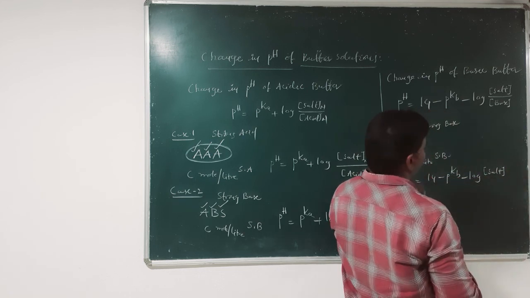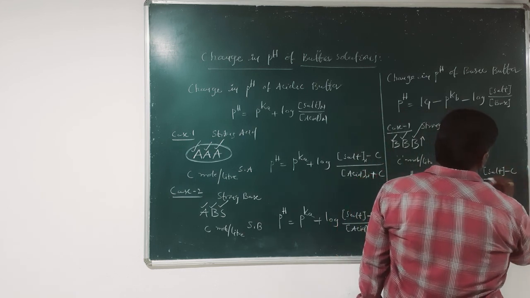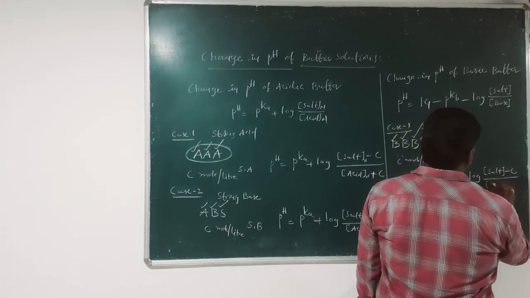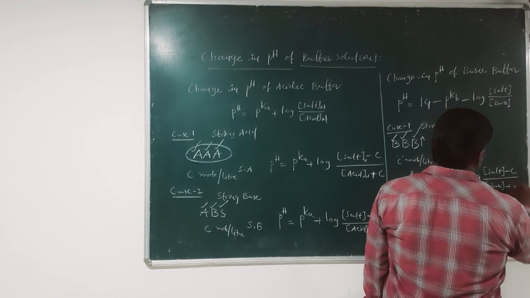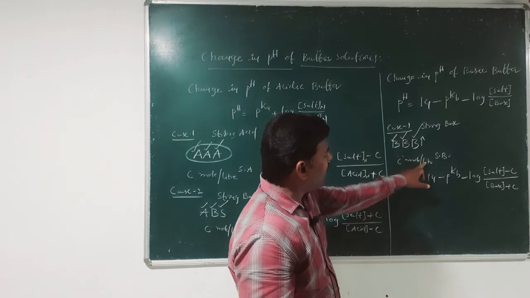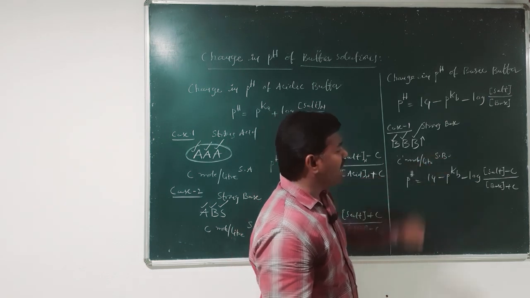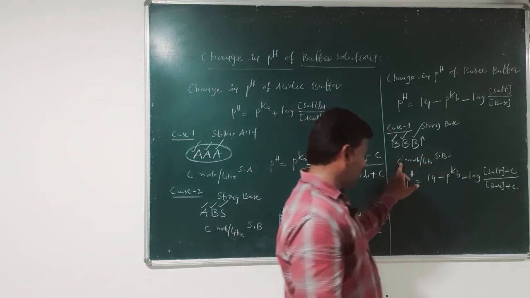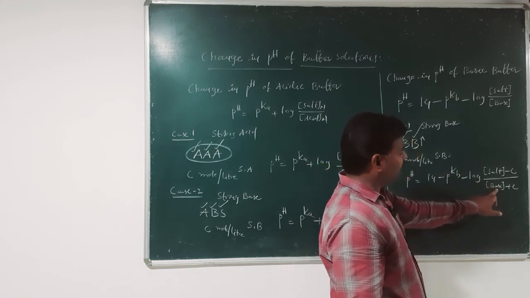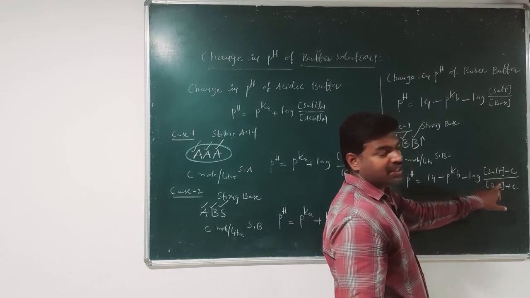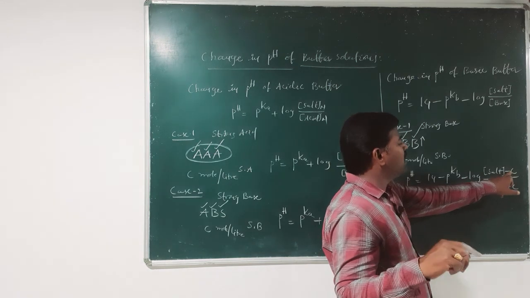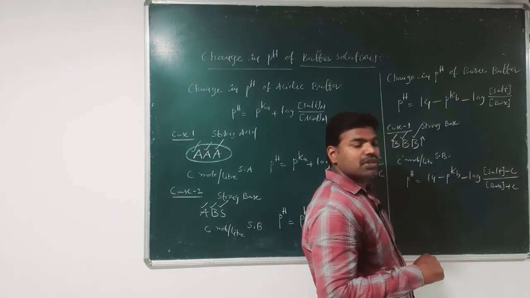Here the concentration of salt decreases by the amount C moles per liter and the concentration of base increases, concentration of base plus C. So, C moles per liter of strong base is added, that C moles per liter concentration increases, that amount adds to the concentration of base and that amount decreases in the concentration of salt.